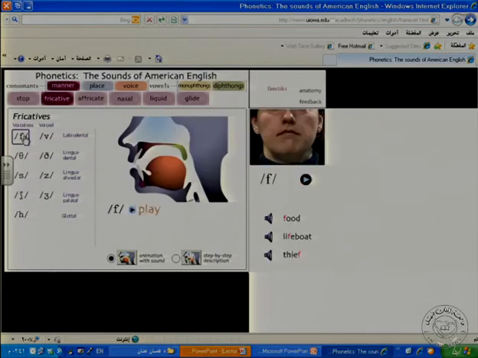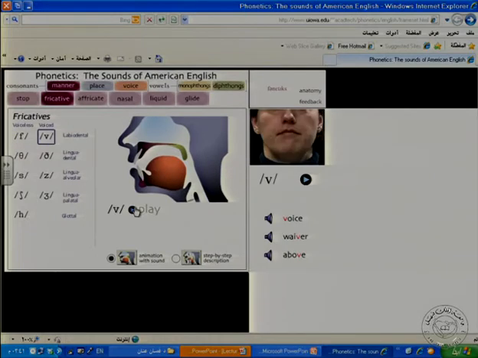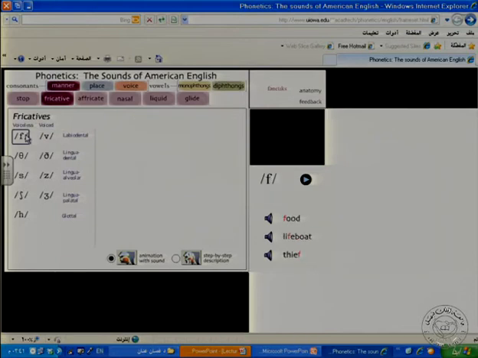See, there is no blockage here. Sh, f, v. There is no blockage. But what exactly happened is the airstream goes out, and there is a narrow passage. You can feel the friction, as in v, and as in f.